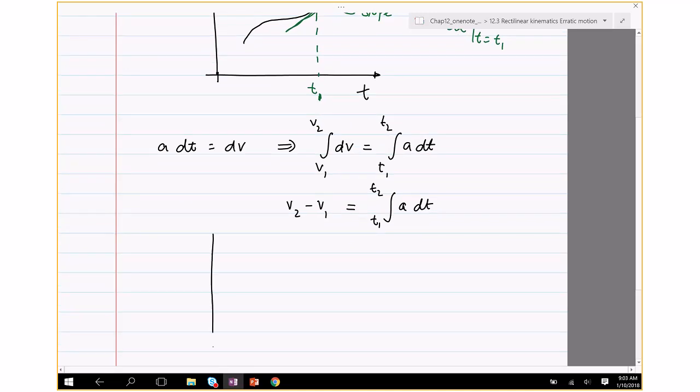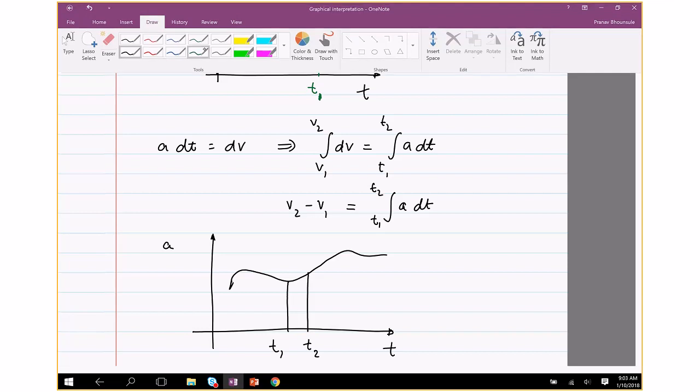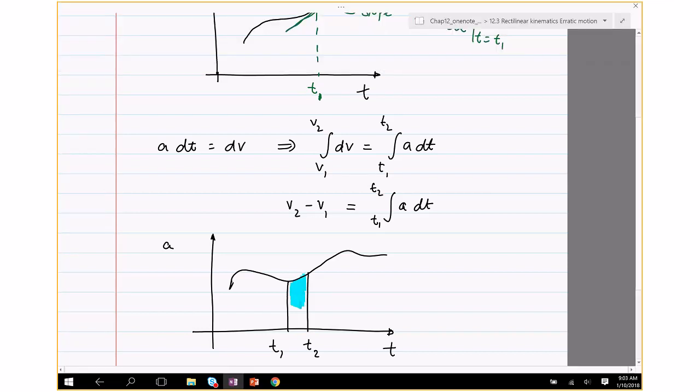If you draw a plot of acceleration versus time, and that can be, let's say, something like this, and let's say that this is t1 and t2, then this area here is integral from t1 to t2 of a dt, or the area under the a-t graph from time t1 to t2.